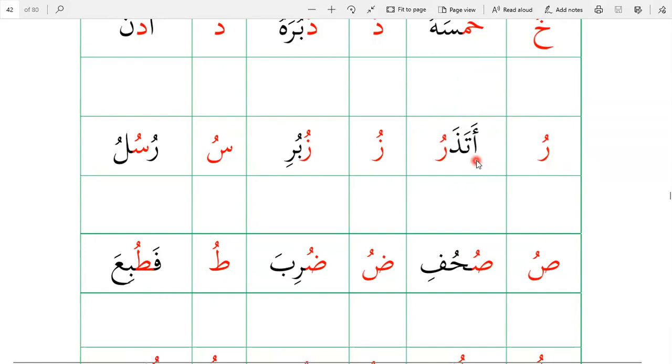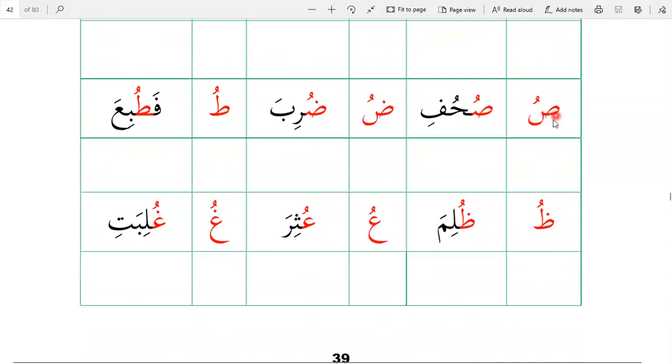Ru, A, Ta, Tha, Ru, Zu, Zu, Bu, Ri, Su, Ru, Su, Lu.